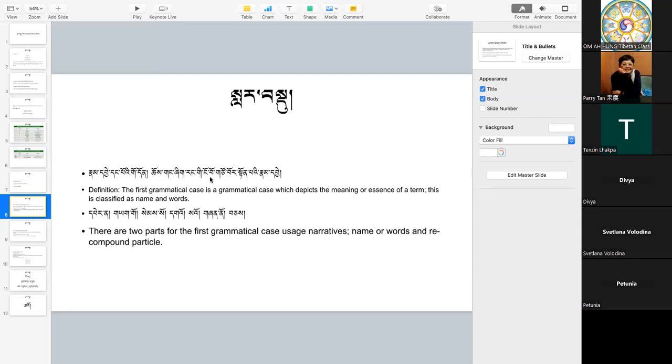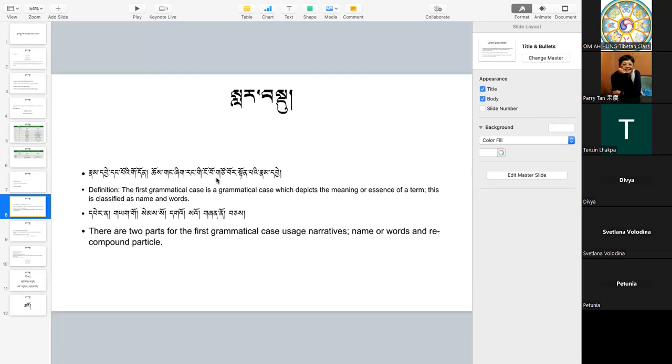Wo means essence, nature, or in this context, we will consider it to be meaning. Zor means mainly. So mainly it shows the essence, the nature, or the meaning of a phenomenon by the depiction. These are some of the things that you have to understand.